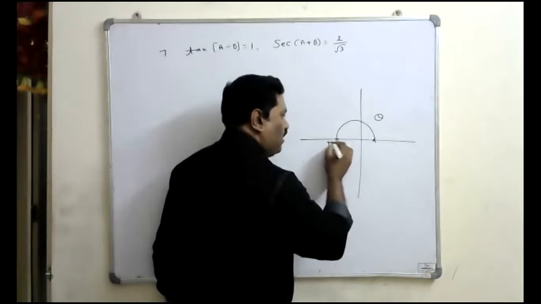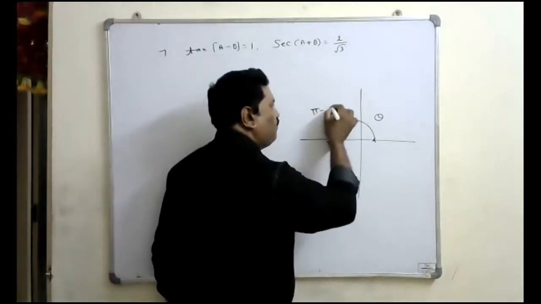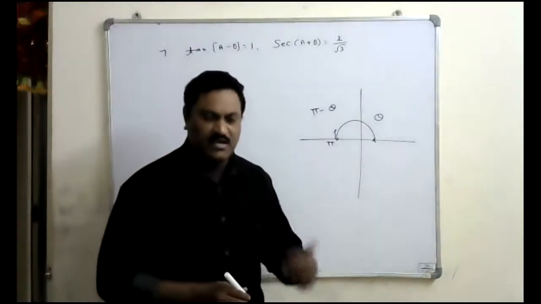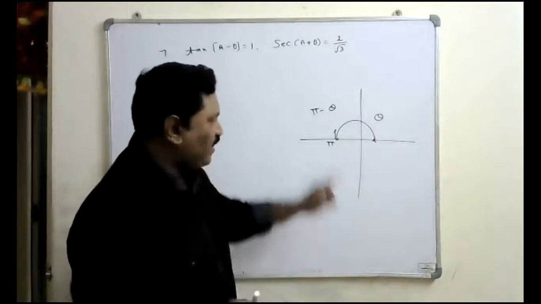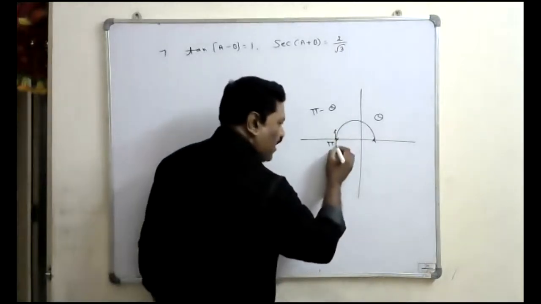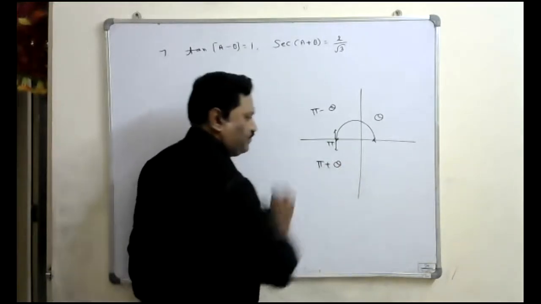This is pi. Suppose if I want to take the angle in the second quadrant, take that angle as pi minus theta. Remember that. If I want to consider the angle in the third quadrant, take that angle as pi plus theta.